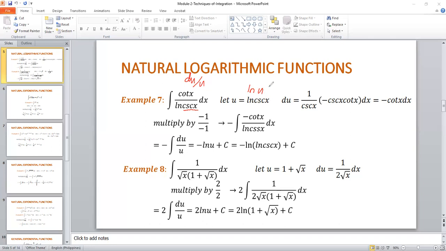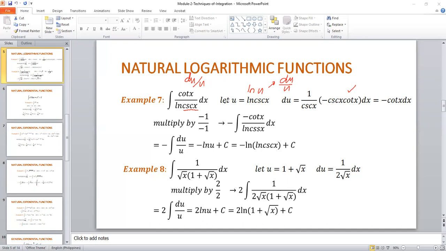So if this one will have a derivative of du over u, I need to differentiate the cosecant x. What is its derivative? It's negative cosecant x cotangent x dx. What is the u? Since ln of u is du over u, it's cosecant x.